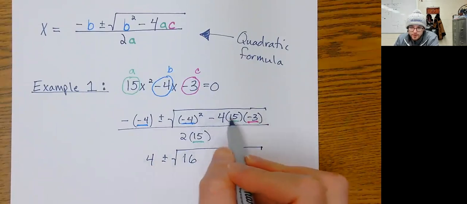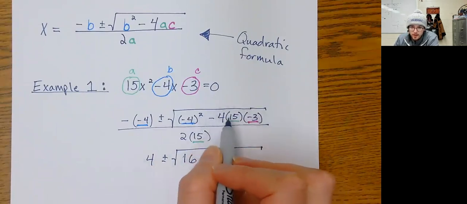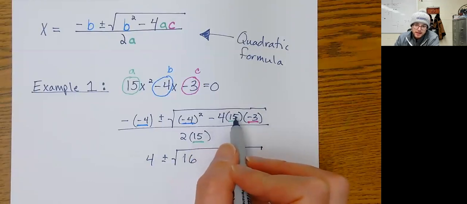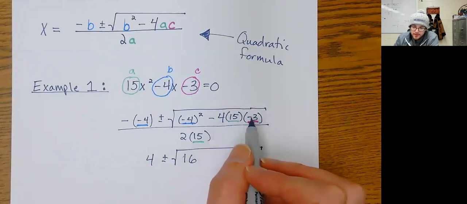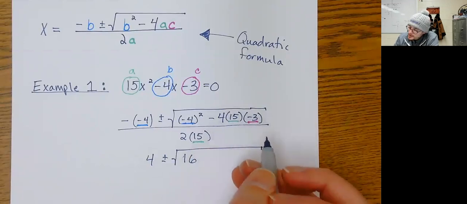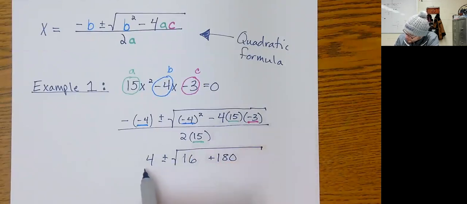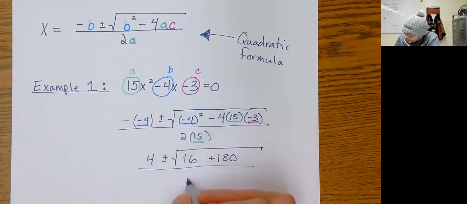I'm then going to simplify this stuff here. Negative 4 times 15 is negative 60, and negative 60 times negative 3 is positive 180. And that's still all over what we now have is 30.